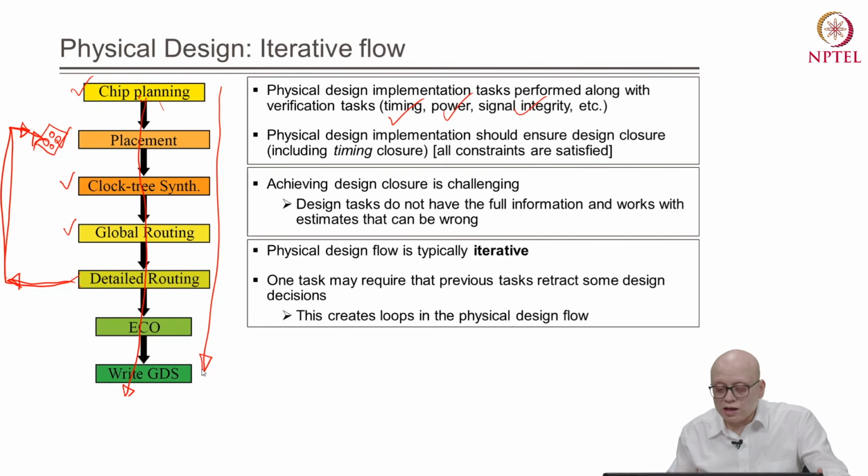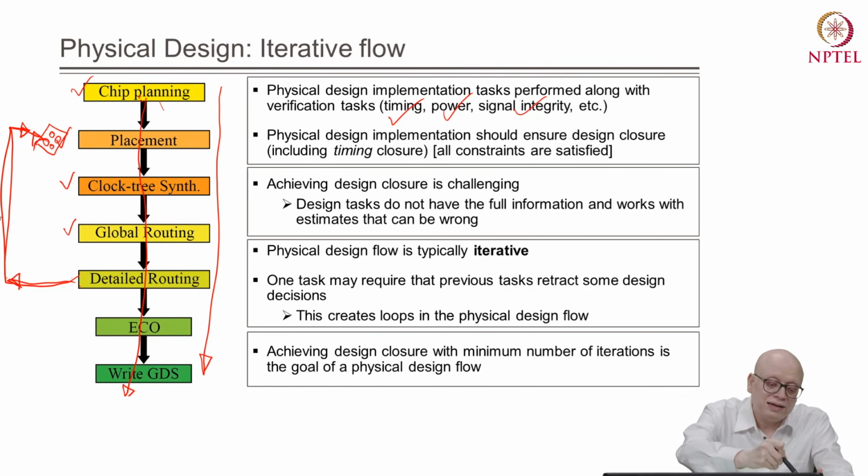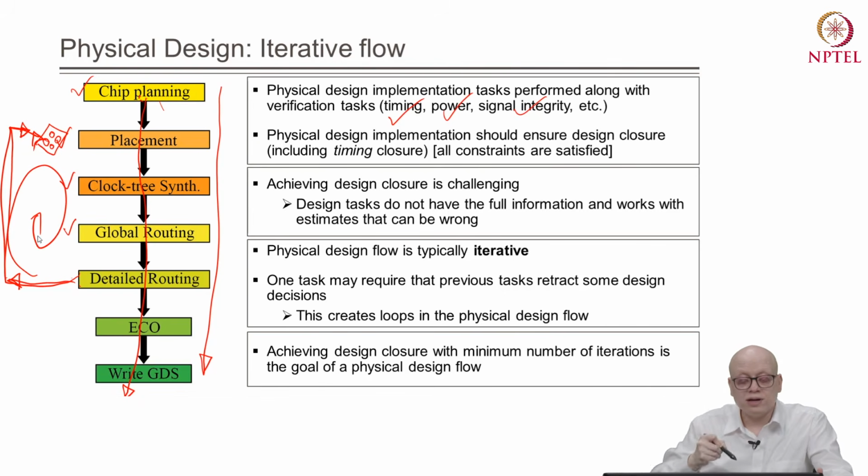And therefore, the goal of a good VLSI design flow is to try to reduce the number of iterations that we might need to take to close this loop, and to get the final layout that is desired, right.